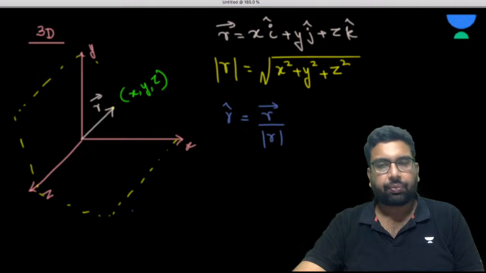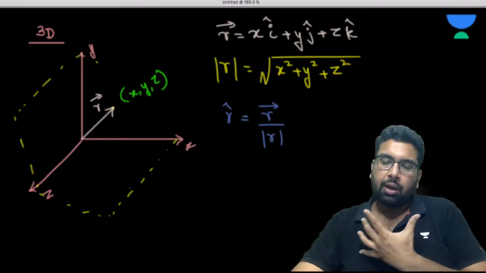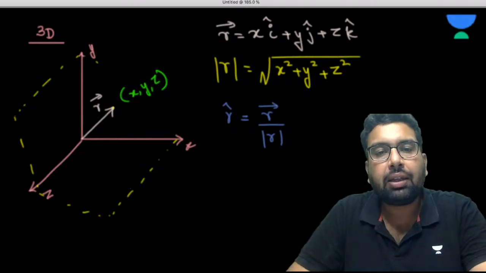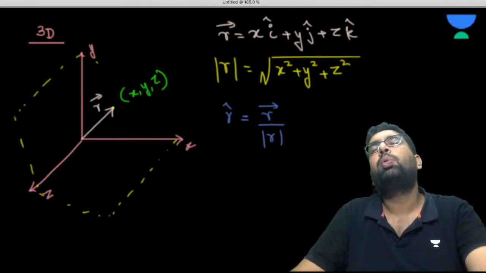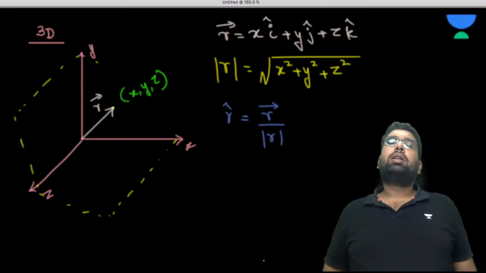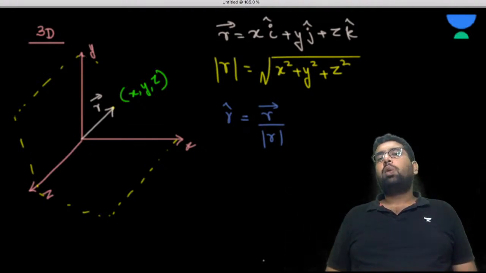Now let's come to the displacement vector and see the unit vector application, the very, very important application of this position vector you are going to see in finding out the displacement vector. So displacement is a very, very widely used physical quantity.